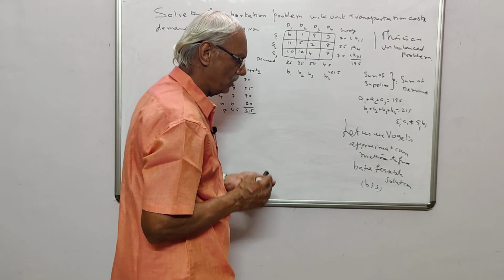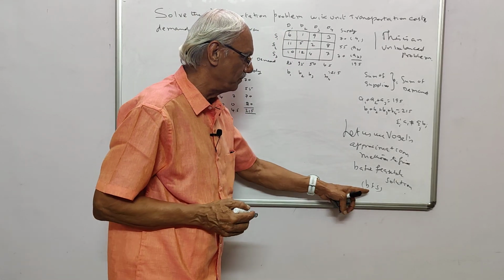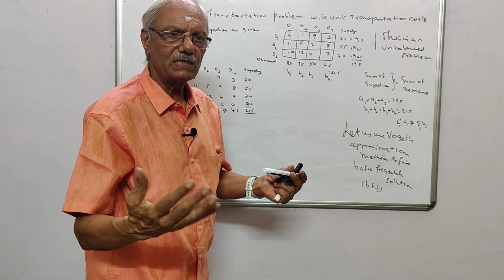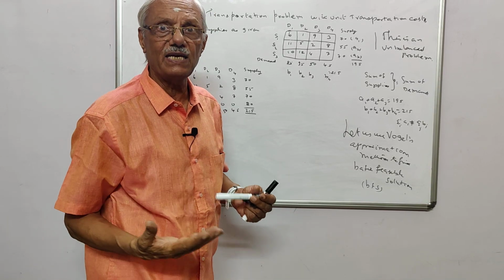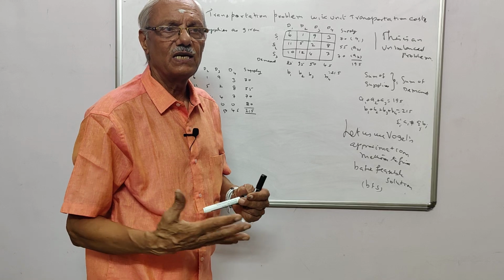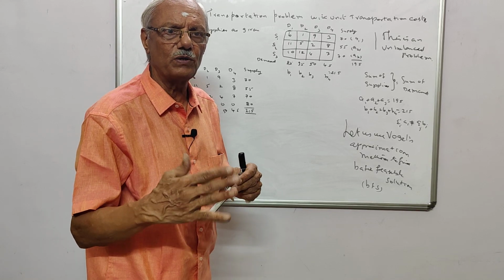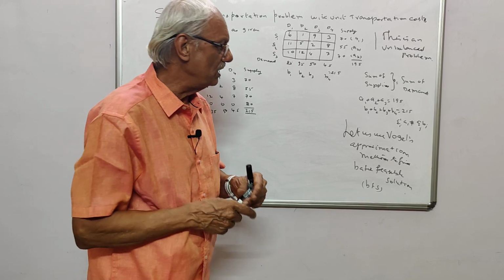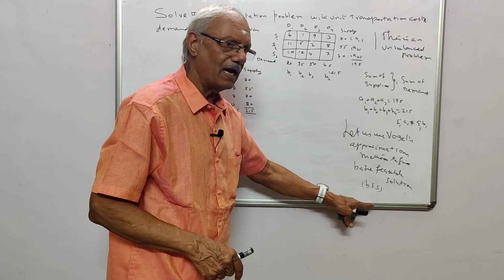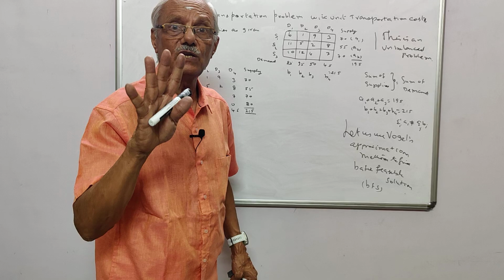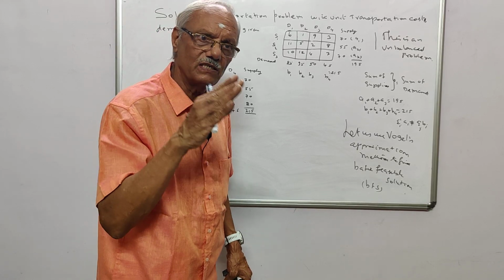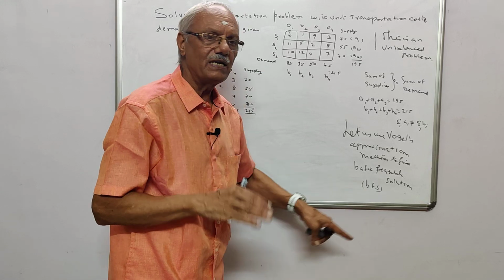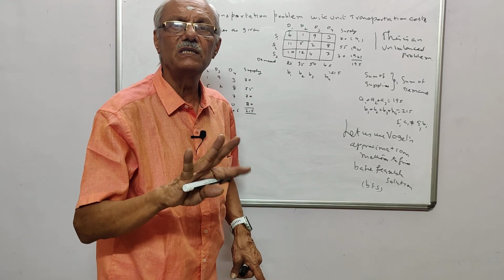It has a lot of meaning. Basic, and feasible means allocations, proper allocations. In these transportation problems, you try to find the allocations. Basic allocations cannot be negative. They have to be either 0 or a positive quantity, and that is why we say it is a basic feasible solution.